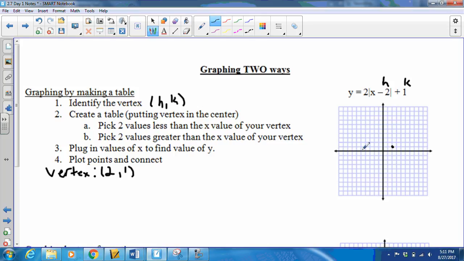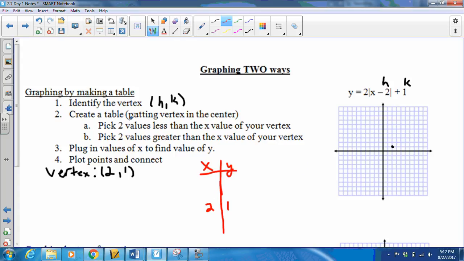Now, in order to figure out the other points, we have to create our table. So we're going to create an x, y table, and we are going to create 5 points. Now we have already found our first point, our vertex. So I'm going to put that in the middle because remember, our vertex is basically the point that is all by itself. It's the very lonely point. And really, the vertex is either going to be the highest point on the graph or the lowest point on the graph.